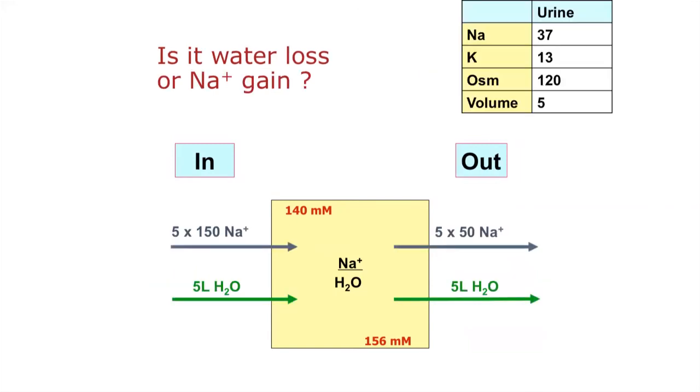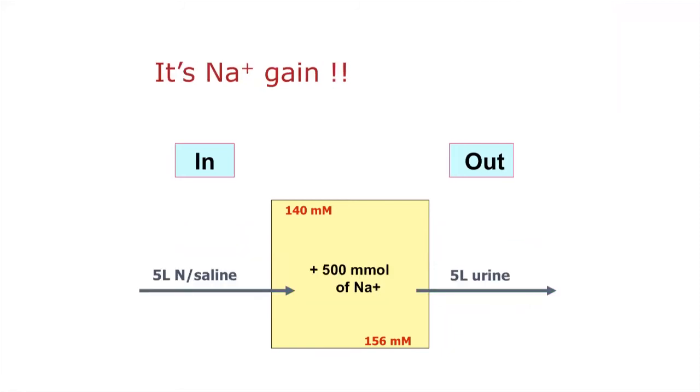It therefore has to be a sodium gain issue. In each liter of normal saline, the patient received roughly 150 millimoles of sodium, so with 5 liters of saline, and excreted only 250 millimoles of what was administered. And therefore, the patient gained 500 millimoles of sodium.